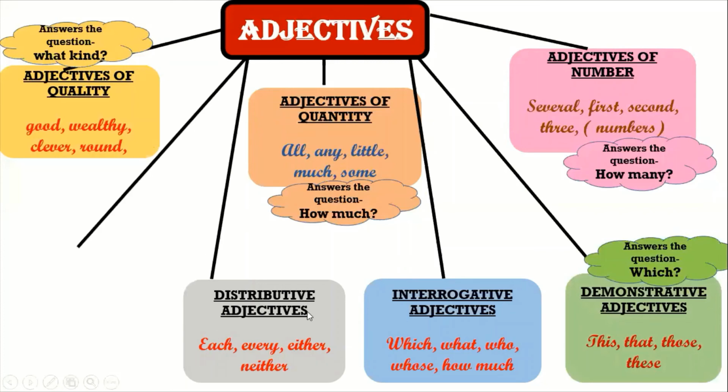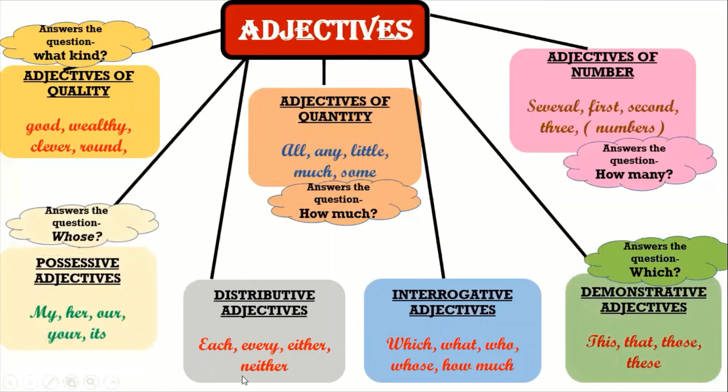And the last one we learned, possessive adjectives, where you're showing a possession or relationship. This is my saree, this is my mother, this is her frock, it is our pet, your pen. All these show a person. Its without an apostrophe. It answers the question whose. So once again, what kind, that is adjectives of quality. How much, that is adjectives of quantity.